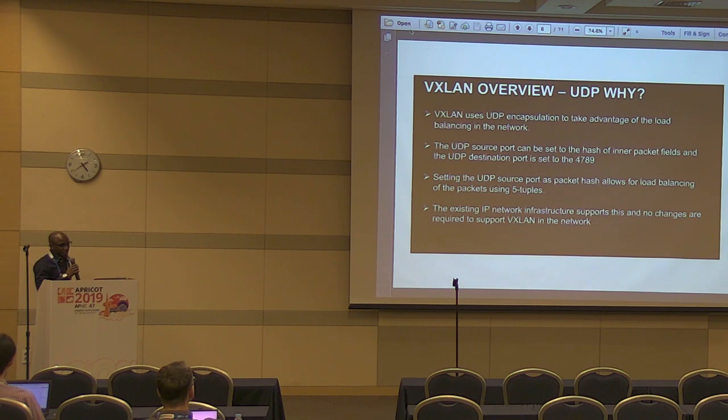So basically, the UDP destination port, as mentioned for Vxlan, is 4789, and then setting the source UDP port to a hash value allows packet load balancing within Vxlan environments.